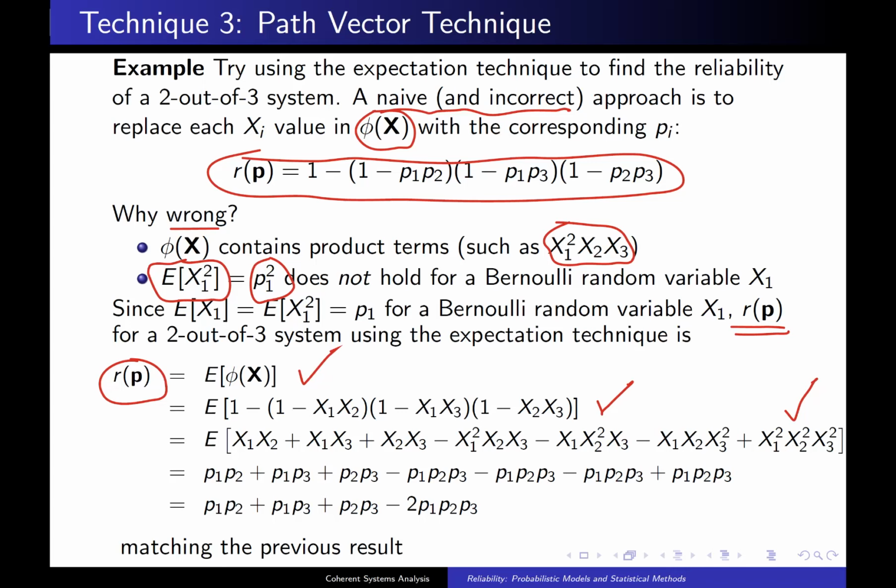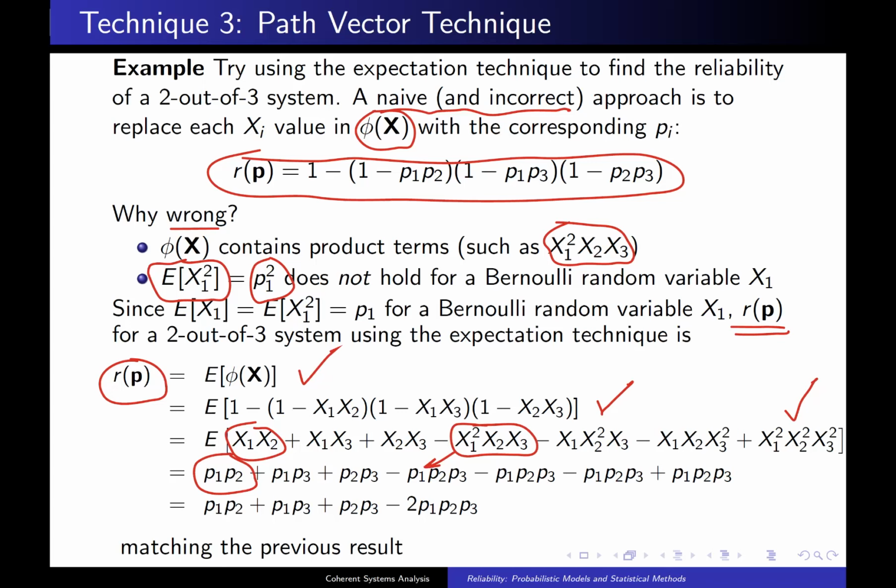Now this is easy. The expected value of x1 times x2 is just the expected value of x1 times the expected value of x2, and that's what leads you to the P1 P2. But that won't be so simple when you have a squared term here. It turns out the expected value of x1 squared is just P1.